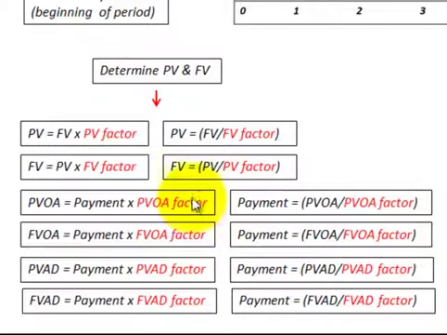For these annuity payments, we can scan on down here, where we take the payment times the factor, and then if we want to determine the payment, we can take the present value, in this case of an ordinary annuity, and then divide it by its factor. We'll just scan on through here. You take note of these.